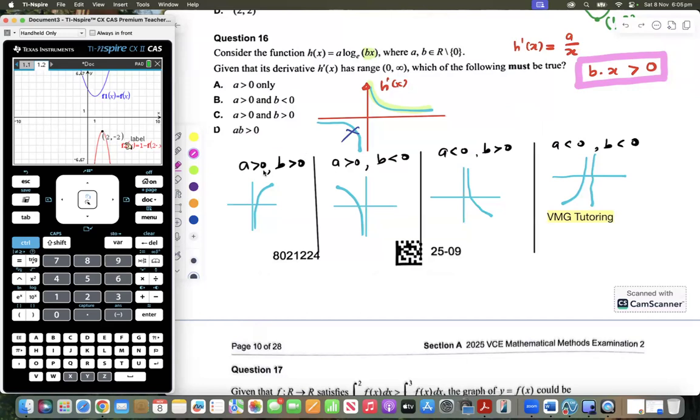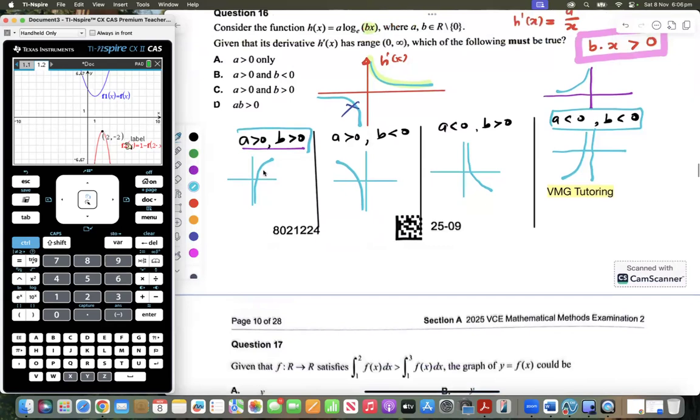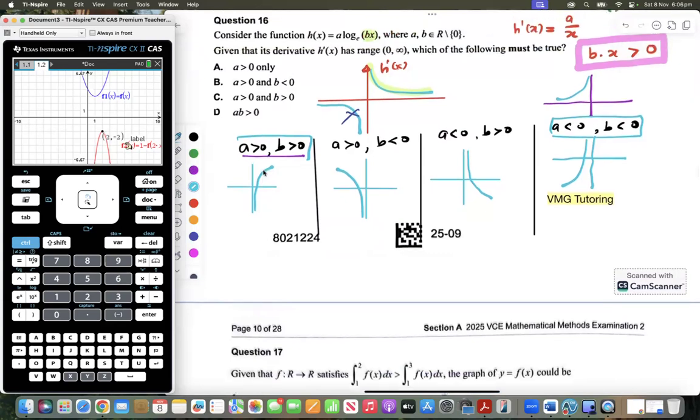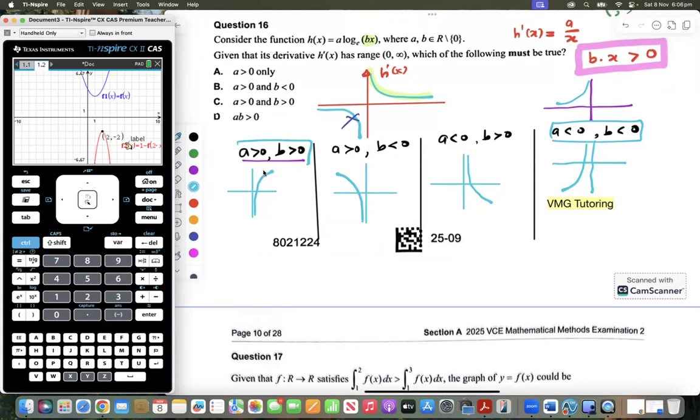Which is good. It is satisfied with this condition, which is good. And also, if both are negative, right, your derivative graph goes into this shape. It is also satisfied. This is also true. Okay, good. But if you go into the middle scenario, what happens is your a value is positive, b value is negative, or the other way, right?